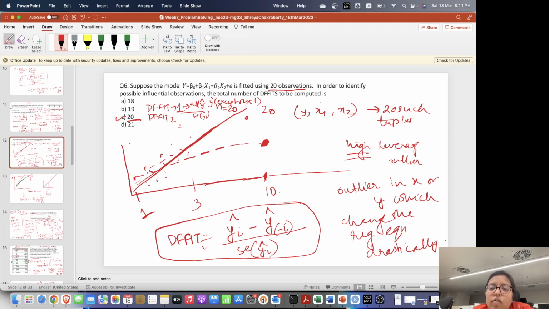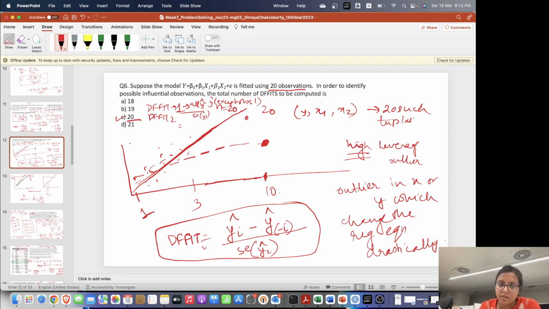Each of them we have to check, and there is one cutoff, based on 3 root over k by something. In the lectures you'll find that cutoff. If the DFFIT value exceeds that cutoff, say DFFIT for observation 5 exceeds that cutoff, then we can say that the fifth observation is probably an influential point which we should not include in our analysis.